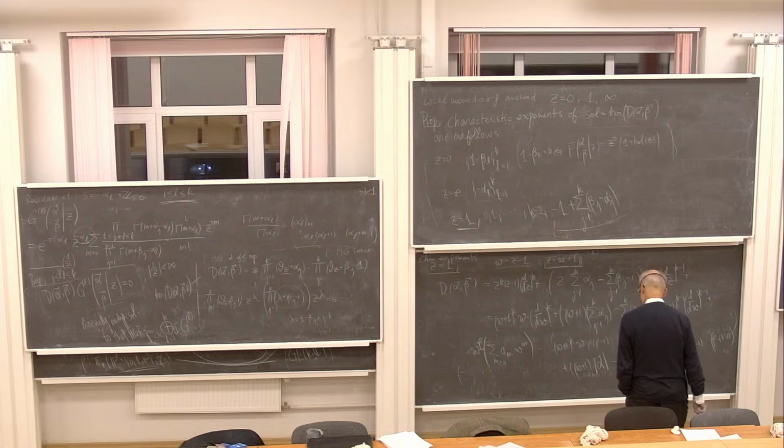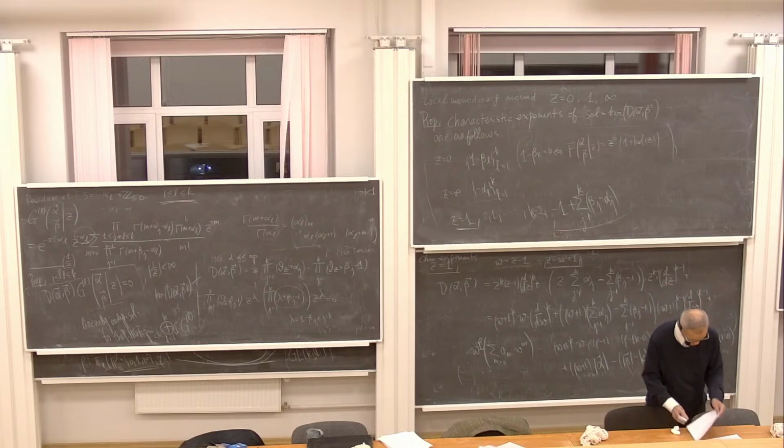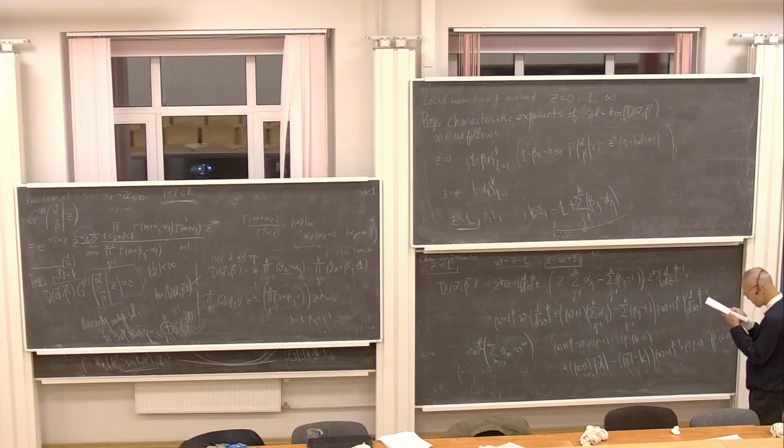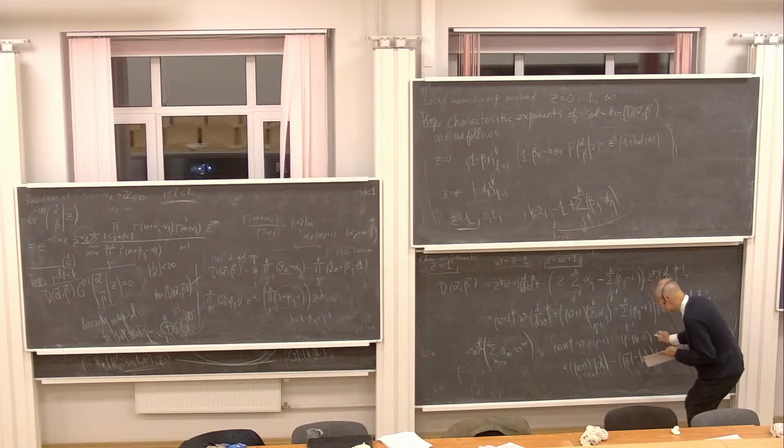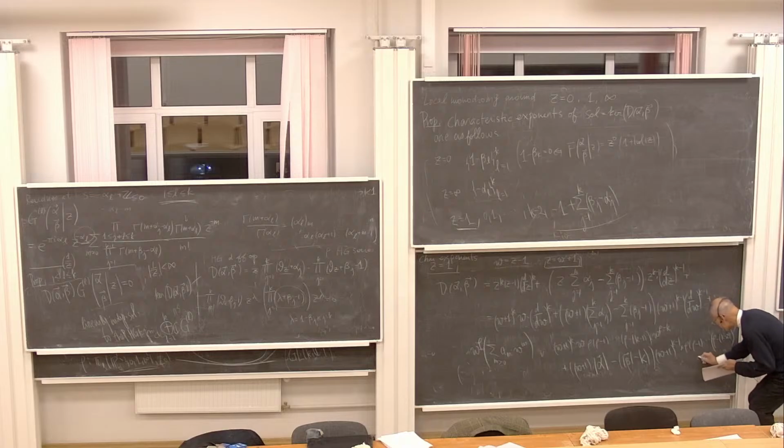The first term that appears in this expansion is w to the power rho minus k, and here I have w to the power rho minus k minus 1.